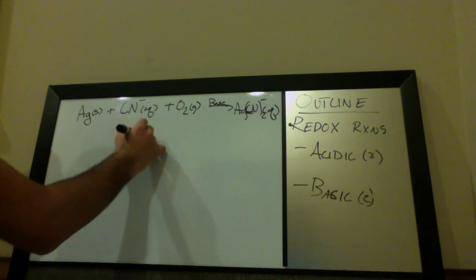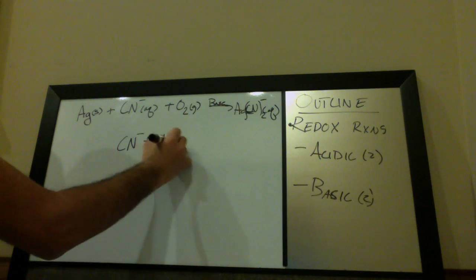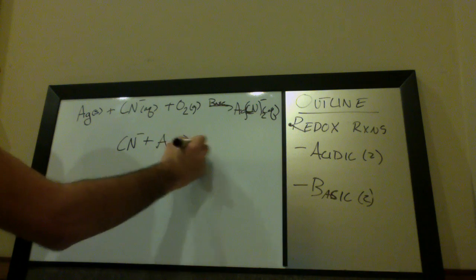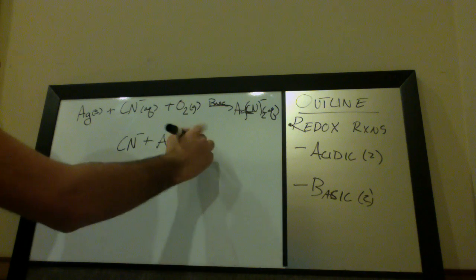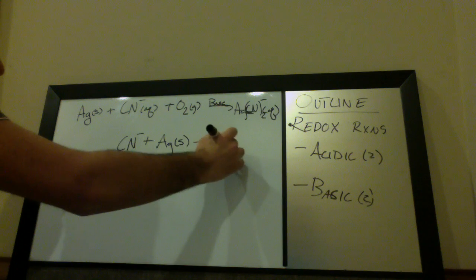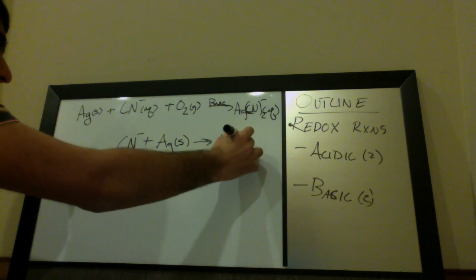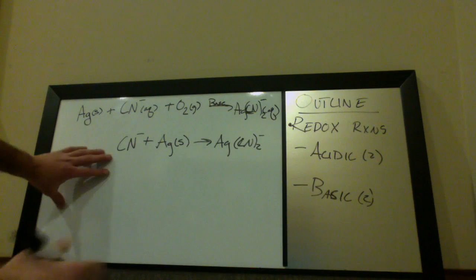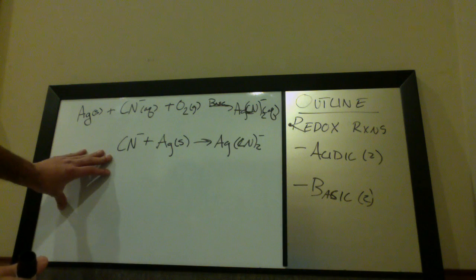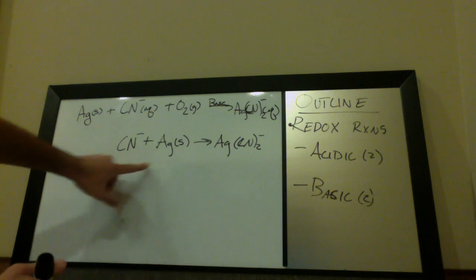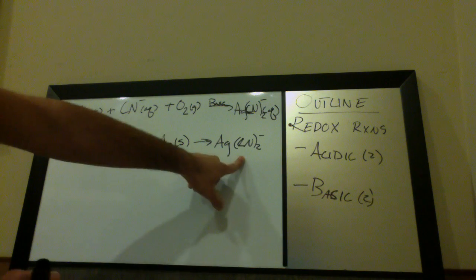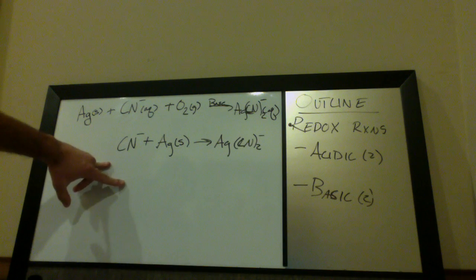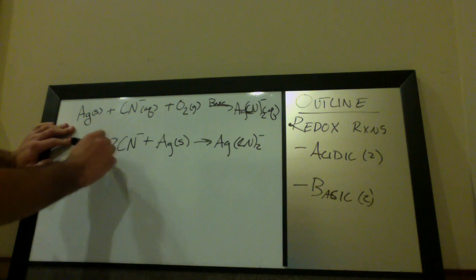So I have a cyanide plus a silver. This is a half reaction, guys. I'm going to have to balance the elements first, remember? So I have 2 cyanides here, and so I'm going to need 2 cyanides here.